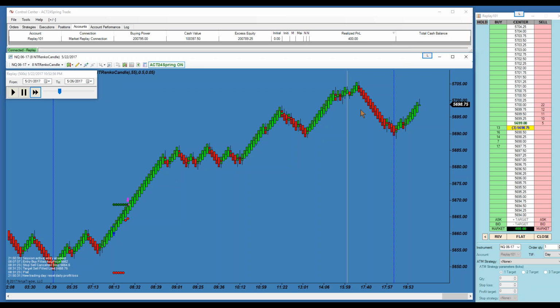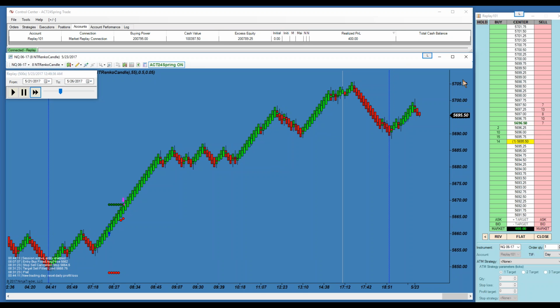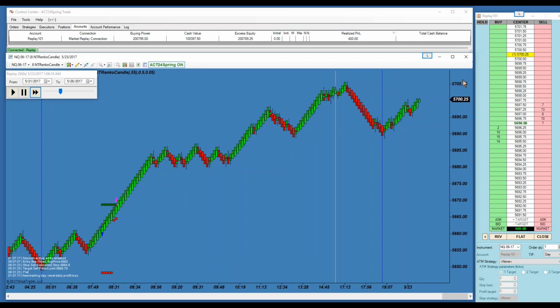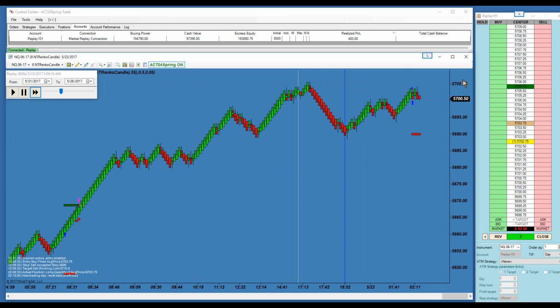Okay, here's the next day, and it opened and it moved, and now we have a blue line, so chances are we're going to take a long trade. Order pending.